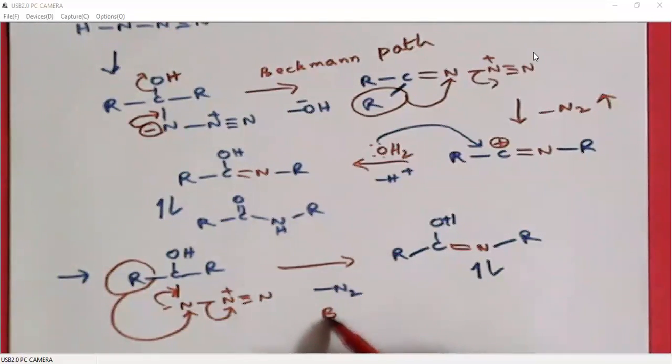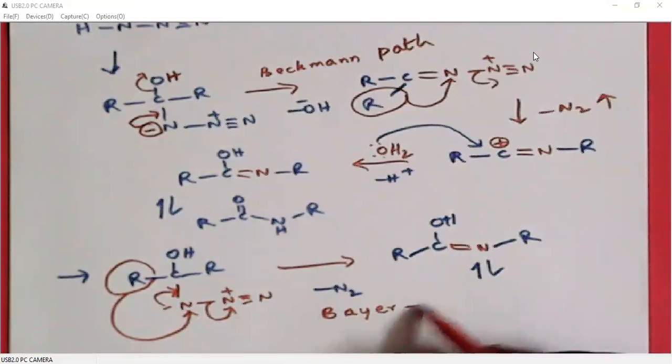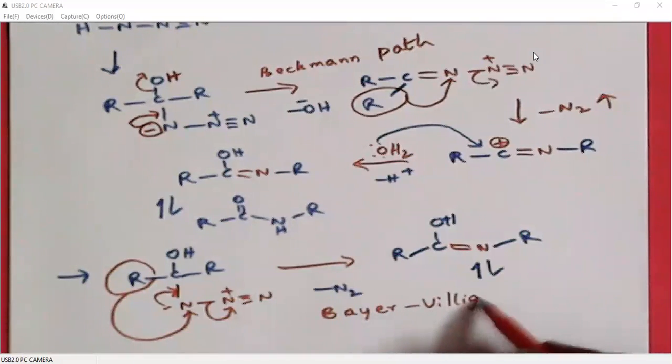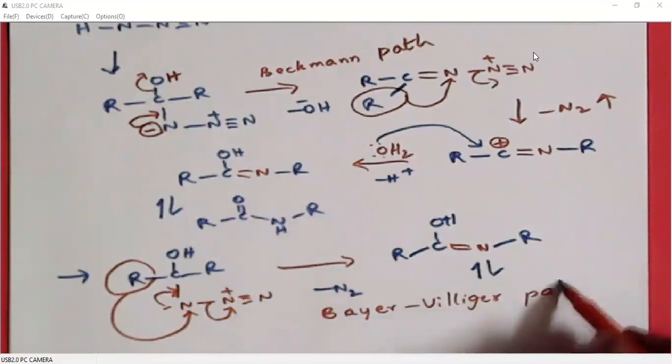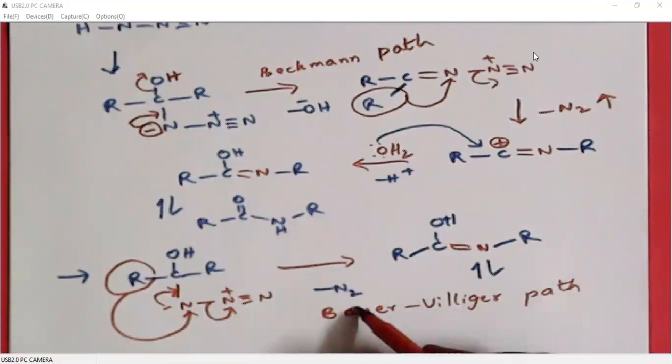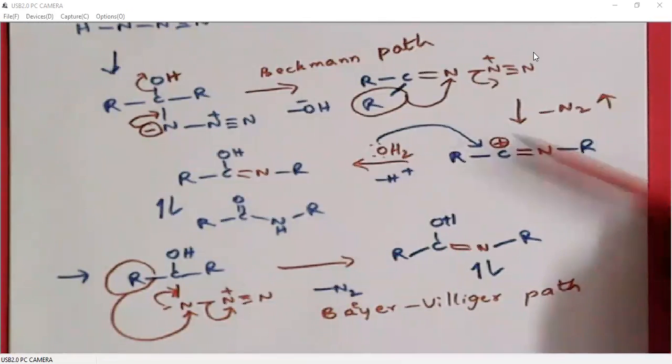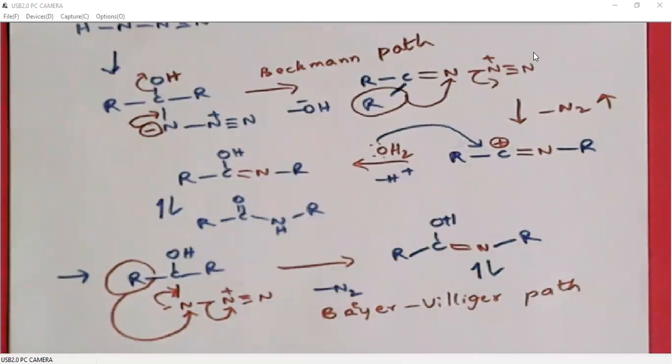This is called Baeyer-Villiger path. So ketones can be converted to amides with alkyl migration to nitrogen, either in Beckmann path or Baeyer-Villiger path.